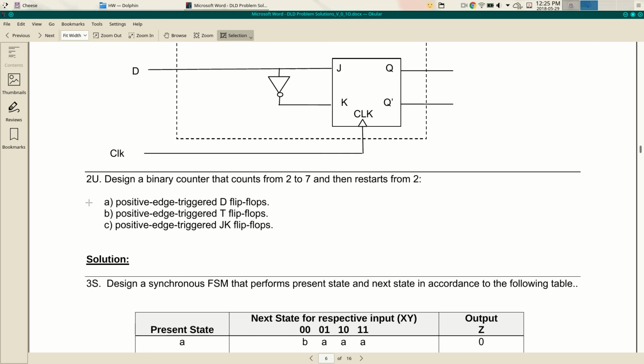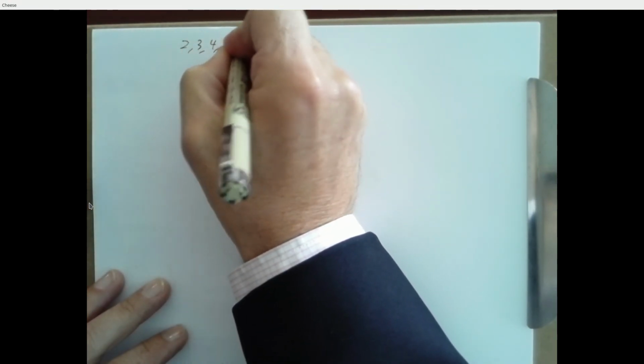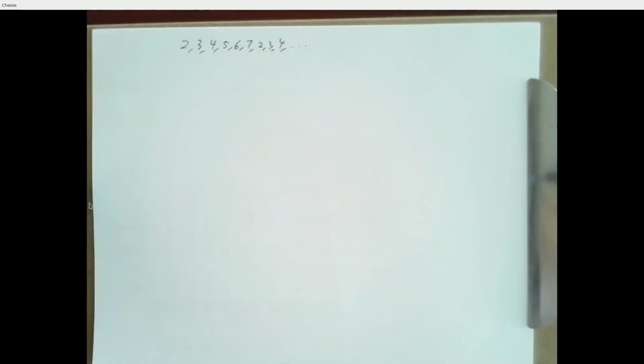So, binary counter from 2 to 7 and back to 2. Well, how many states does this machine have? 6, right?